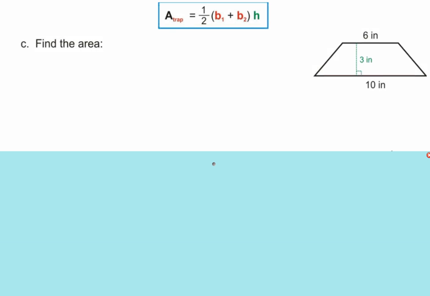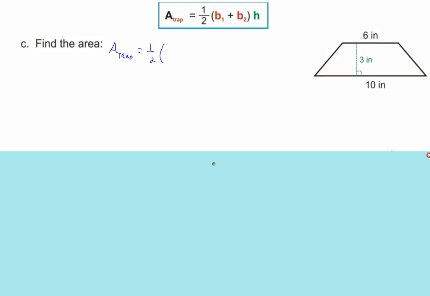All right, so let's find the area of our trapezoid. How do we always start? With the formula. You could write out trapezoid if you want, but again, let's do this first one together so we're making sure that we're doing our math correctly. A half is a half, that's no big deal.